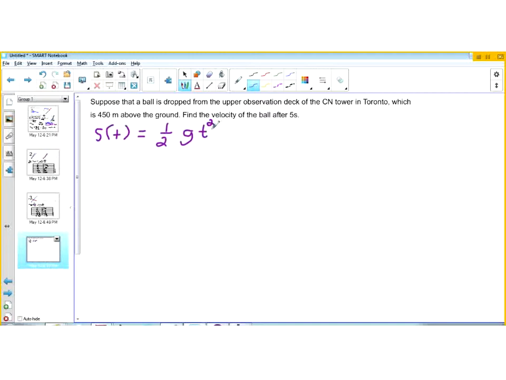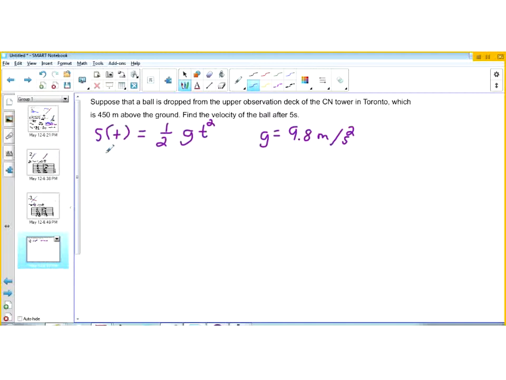So this is derived from physics. Okay. Now, since we're dealing with the metric system, because our distance is 450 meters, we'll have to use the metric equivalent of the gravitational constant, which is 9.8 meters per second squared.